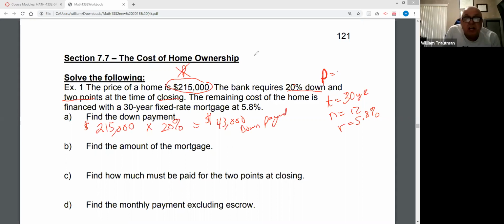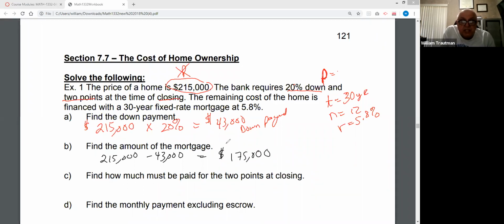So if I want to buy a house for 215,000, that's the price of the house, but the bank requires me to give them 20%. That's 43,000. So I have to take that off the price of the house because I'm giving it to the bank already. 215 minus 43,000 is 175,000.